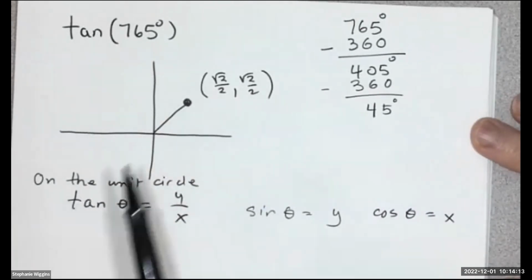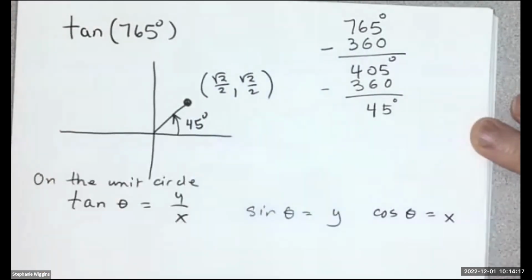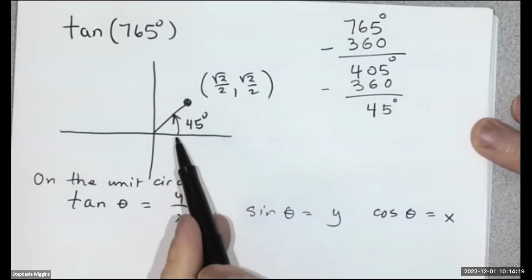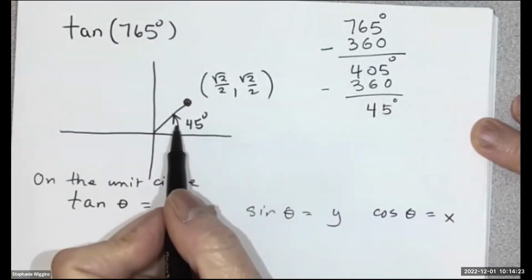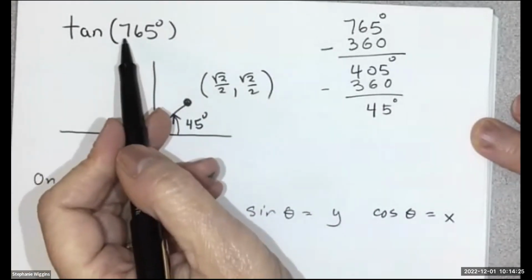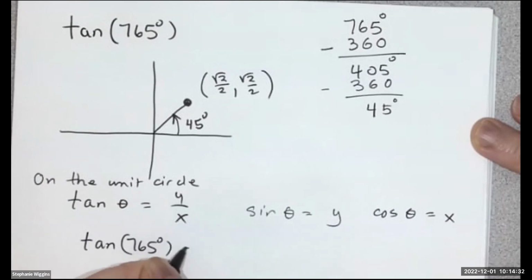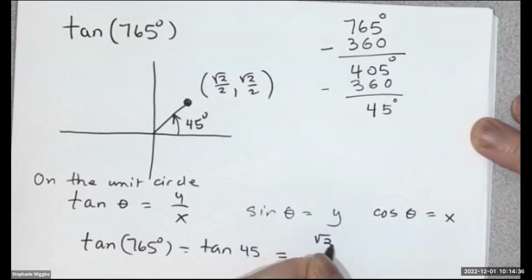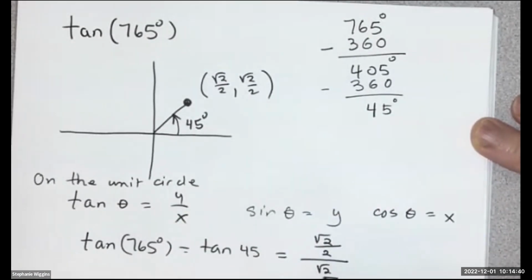So since we're at 45 degrees, this is the reference angle, right? It's in the first quadrant, it's acute, it's positive. So I'm going to use this angle to calculate tangent of 765. And tangent of 765 is the same as tangent 45, which is going to be square root of 2 over 2, that's your y value, and then over square root of 2 over 2, which is 1.